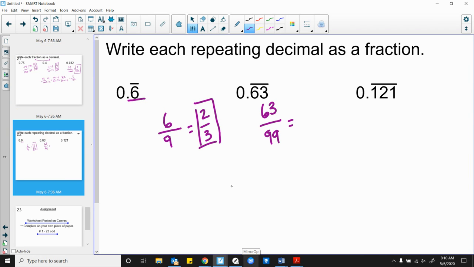But if you do your 63 and then you press your A, B over C button, it'll give a little symbol that looks like that. Okay, and then you put 99, you're going to get our simplified fraction, which in this case is going to be 7/11.